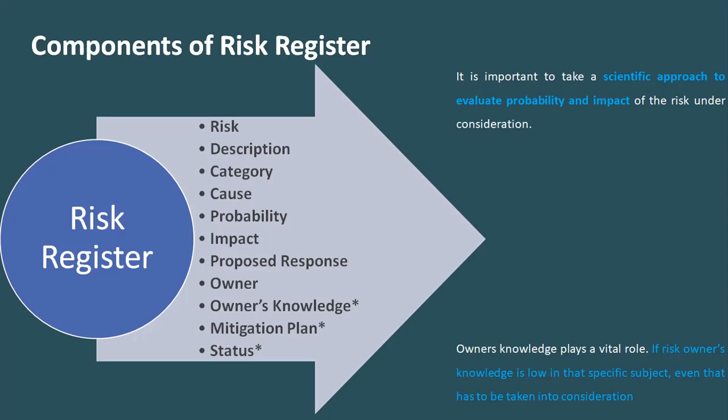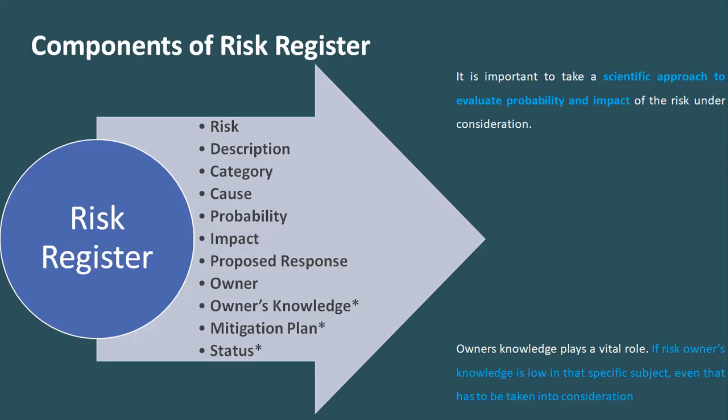If his knowledge is low, let's say my knowledge is low in understanding the chances of my resources dropping off, or I do not know how to access the government data to check the probability of a tsunami or a flood happening, then of course I will not be keying in the right number for probability and impact, correct?